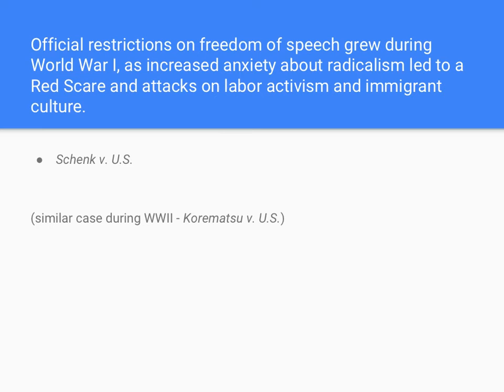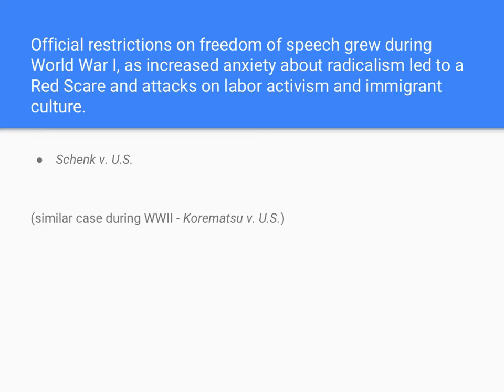However, in this case, Schenck versus the United States, the Supreme Court decided that speech which presents a danger to the nation is not protected by the First Amendment. And so the Supreme Court decided that in this case, Schenck's anti-draft speech presented a danger to the nation, and therefore he was justifiably punished under the Sedition Act.